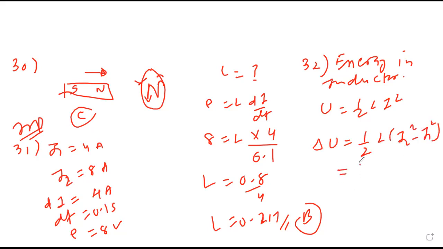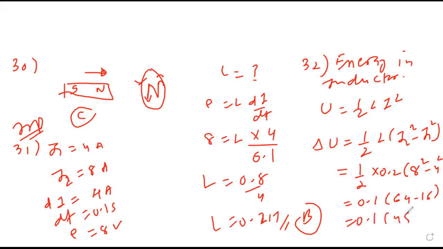From the previous problem, L is 0.2, I2 is 8 square, I1 is 4 square. Any doubt? 0.1 into 48, 4.8 joule.